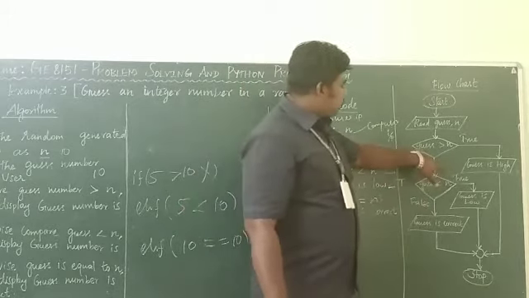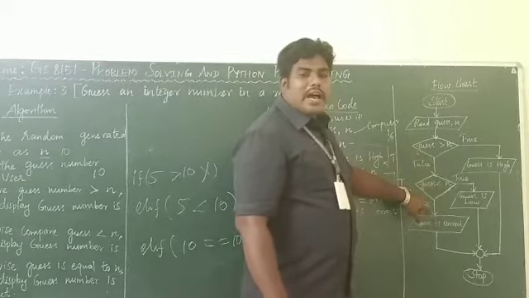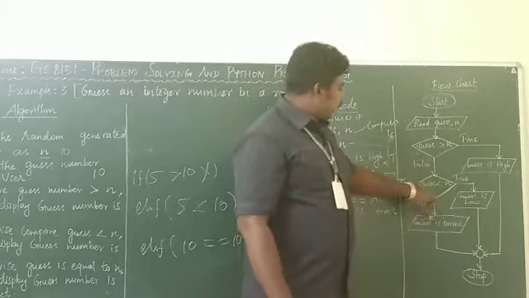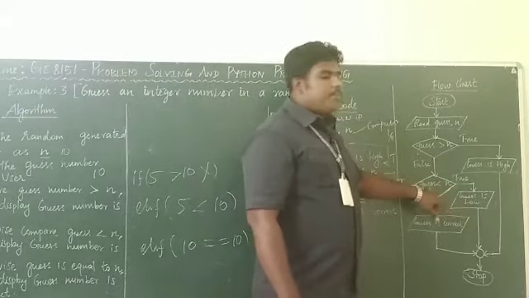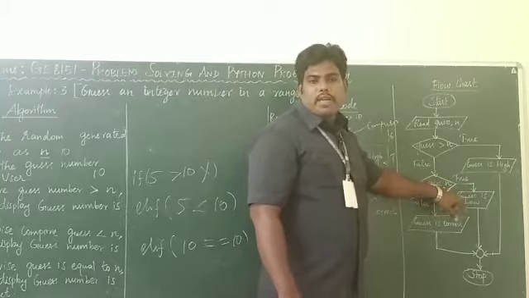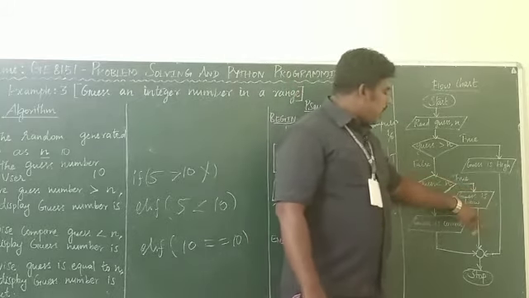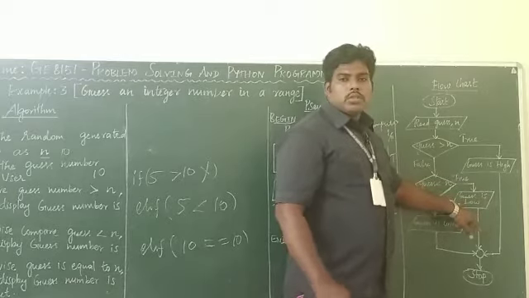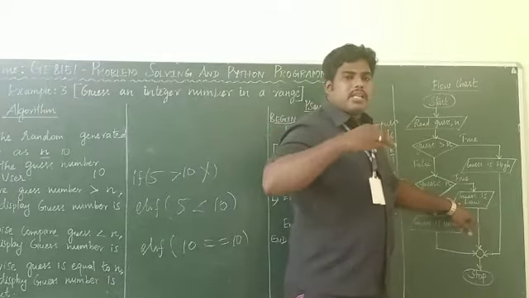Then suppose if the condition is false, it will check the other if condition. Guess less than n. So your input is less than the computer generated number. If it is true, we have to print guess is low. So you have to think we have to guess some higher number than this.